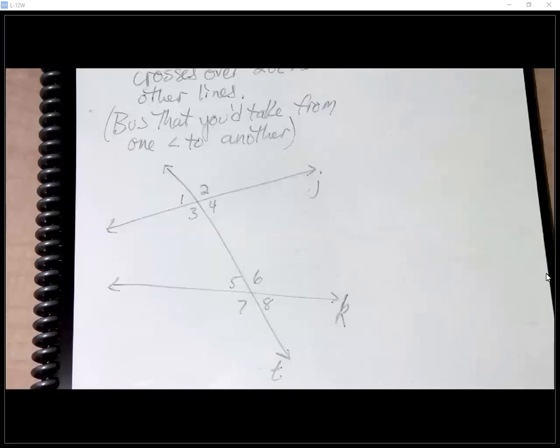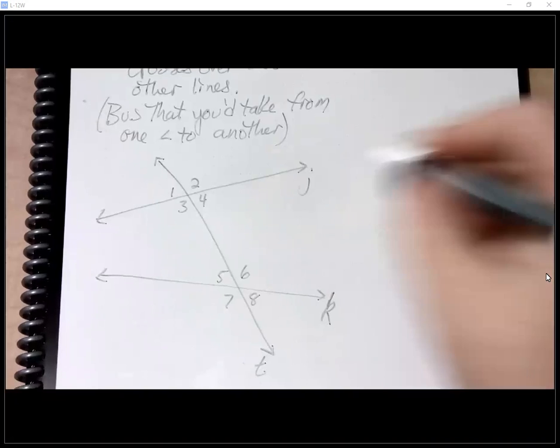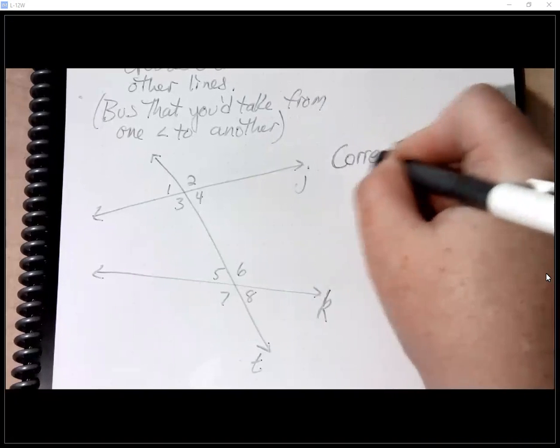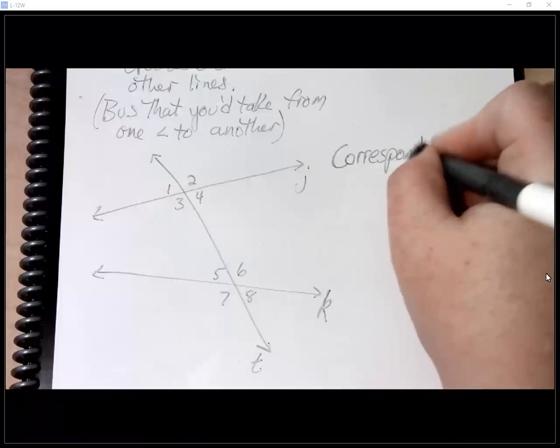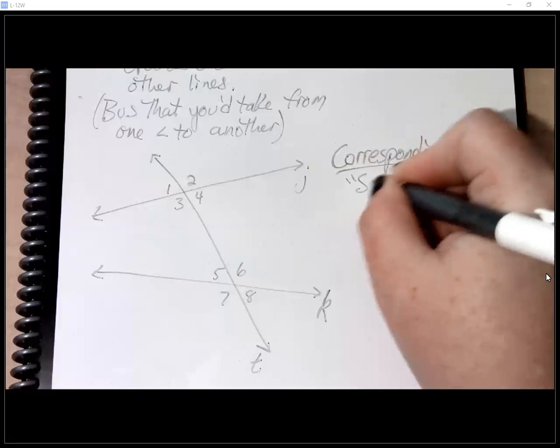So there's some kid that's probably sitting in your corresponding seat in the classroom right downstairs. Okay, so our first angle pair relationship are the corresponding angles. I think I'm going to put it over here. Corresponding. Same spot, different location.